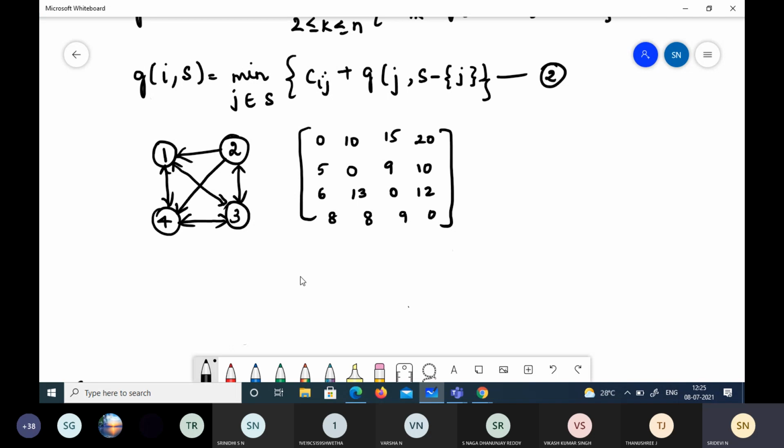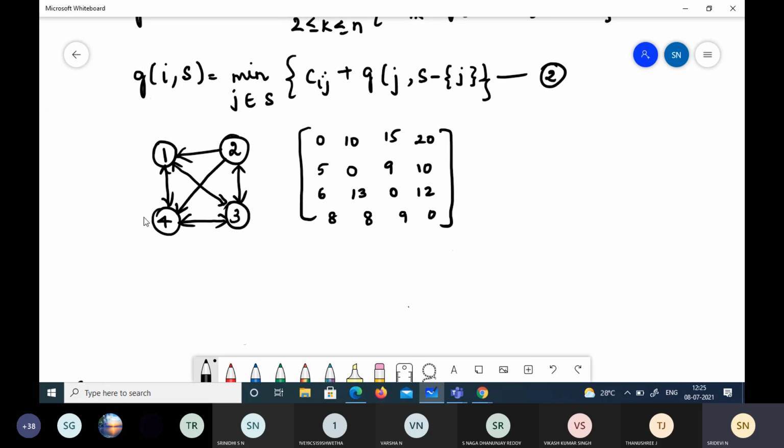First we find out the paths from 2 to 1, 3 to 1, and 4 to 1. That's where we start initially.